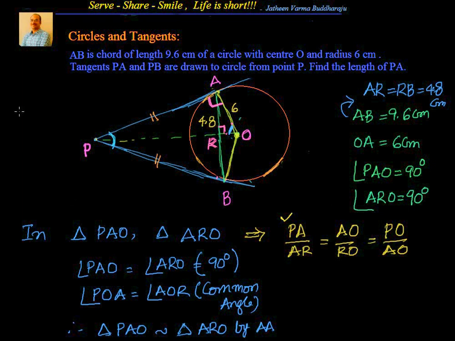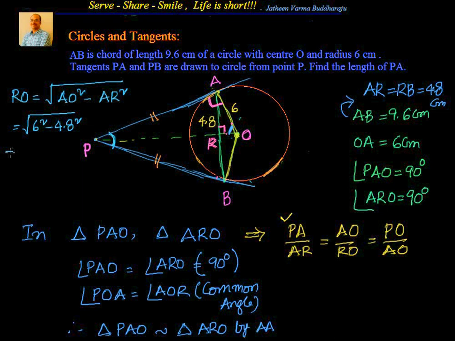Pythagoras theorem. So we will do that here. We'll write down RO is equal to square root of AO square minus AR square. That's equal to square root of AO is 6 square minus AR is 4.8 square.